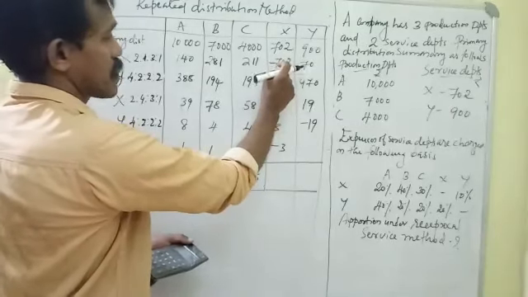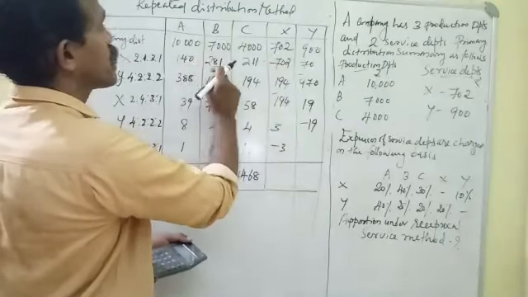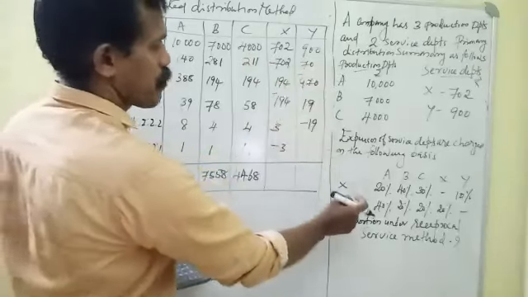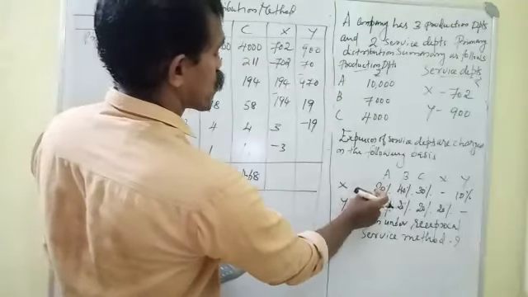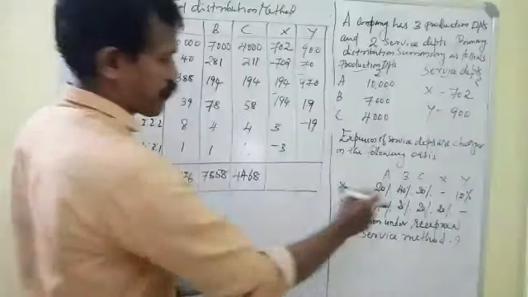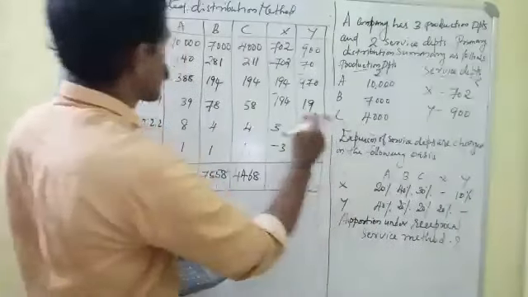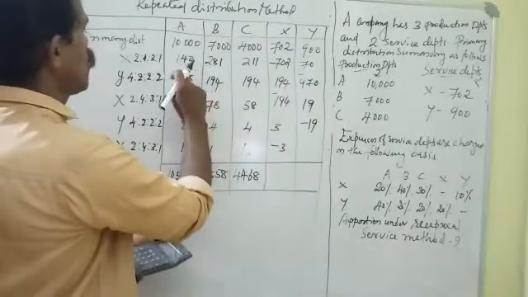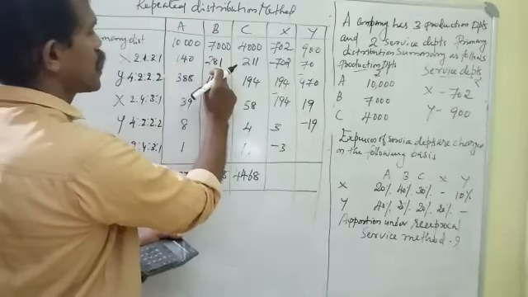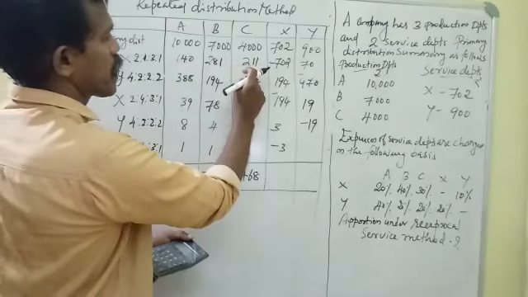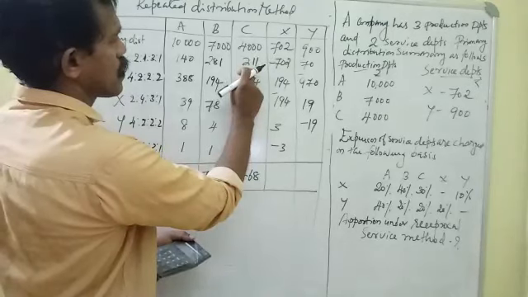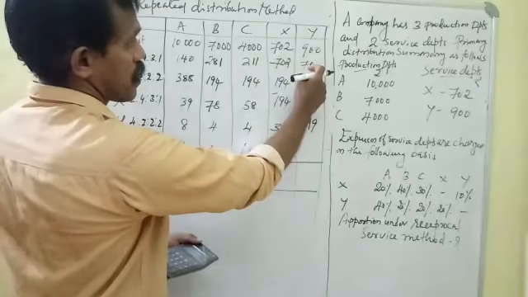I distributed this 702 among A, B, C and Y in their proportion 2 is to 4 is to 3 is to 1. Then we get 140 for A, 281 for B, 211 for C, and 70 for Y.